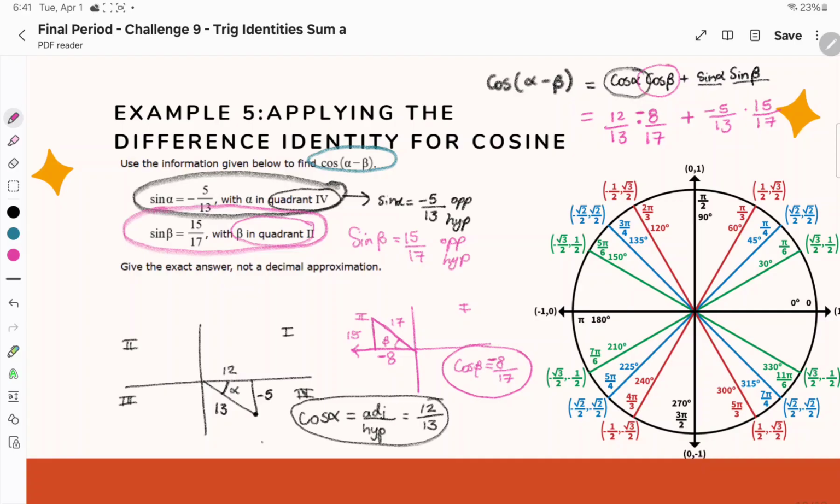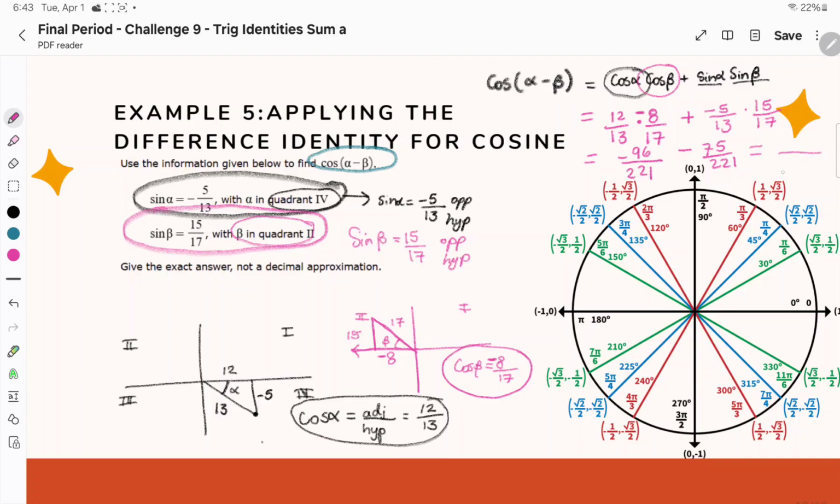Okay, so now what? I need to multiply and then add all of that. So I'm gonna do it quickly over here. I already did it. I just multiplied 13 times 17 to get 221. And then 12 times minus 8 was minus 96. And then again over here, 13 times 17 is 221, and minus 5 times 15 was minus 75.